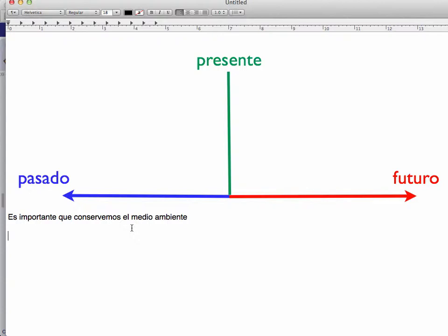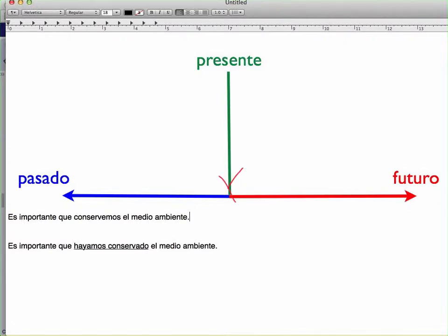Es importante que hayamos conservado. So that is the present perfect subjunctive. We learned those two. It's important that we do something either now or in the future, and it's important that we have done something. So those are the two that we know.